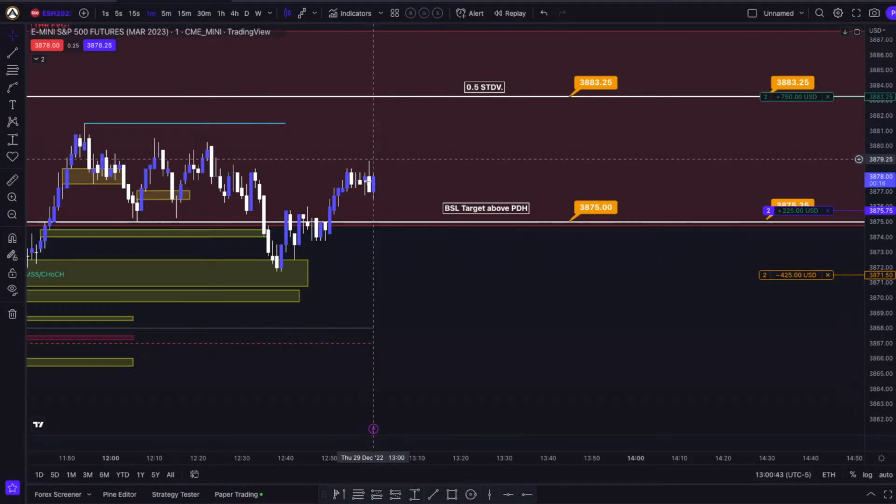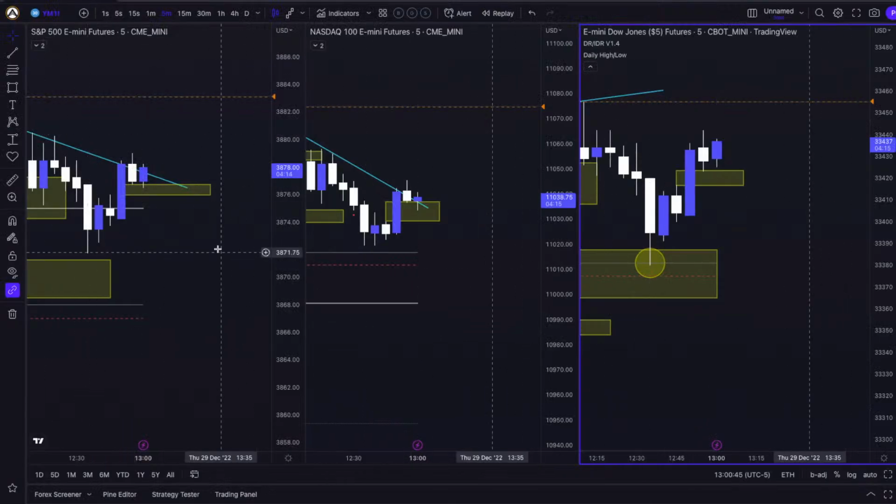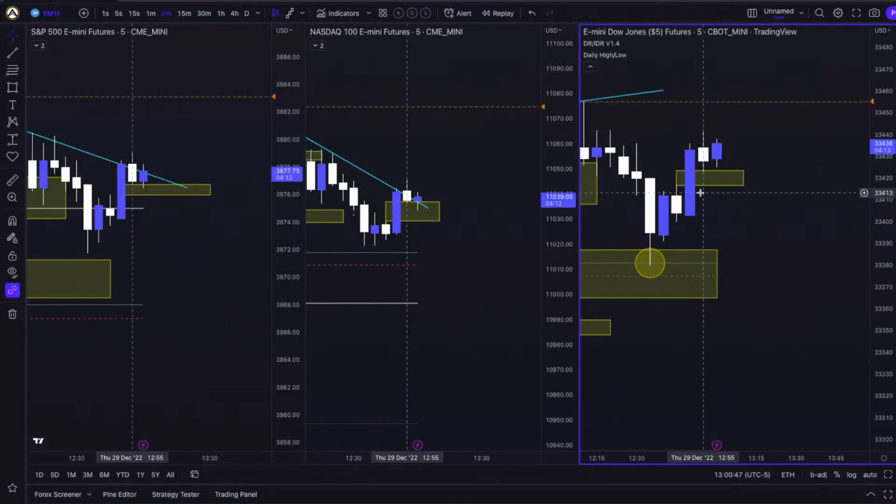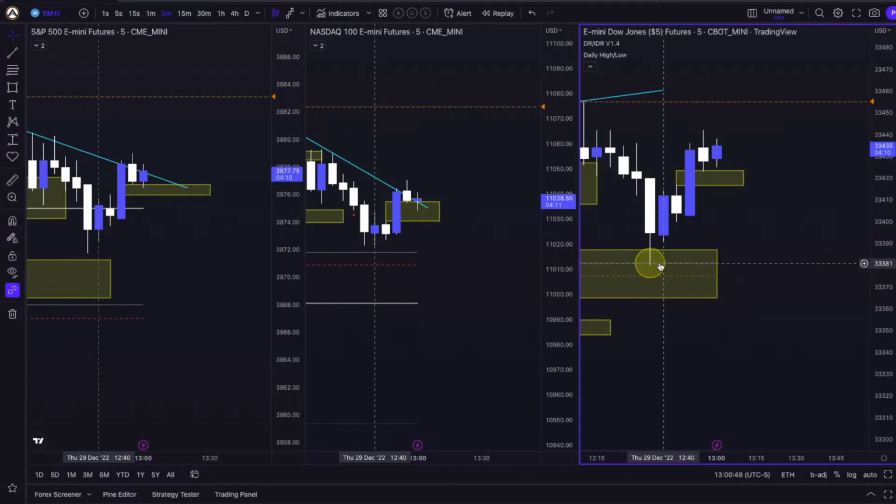All right, let's see this thing go up. Beautiful retest of our DR high, but only on the Dow Jones US 30. Unfortunately, would have been very cool otherwise.